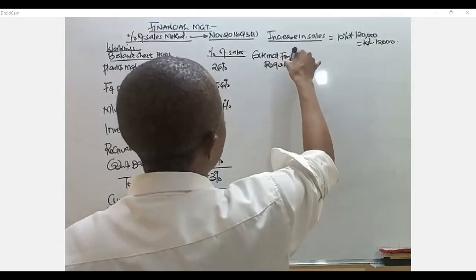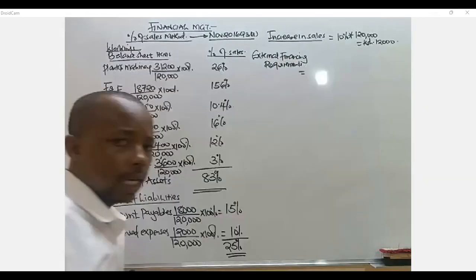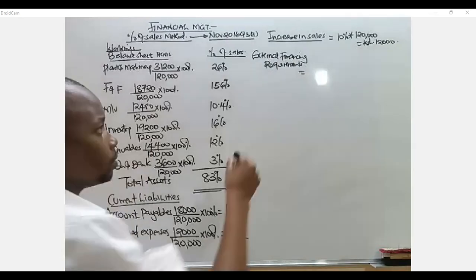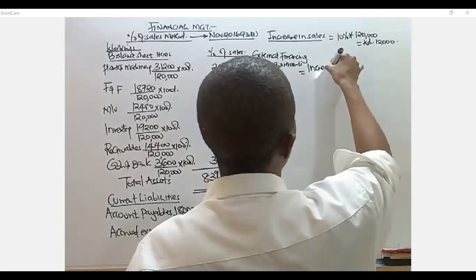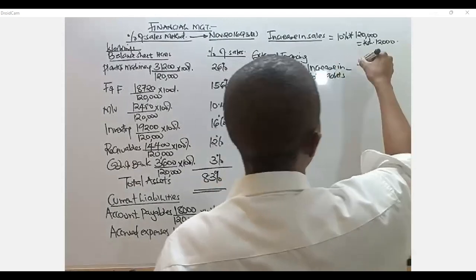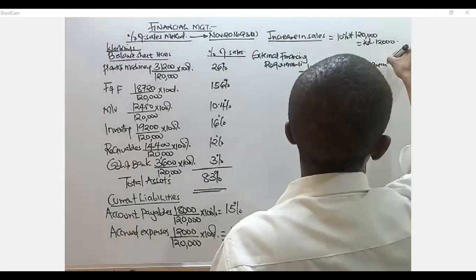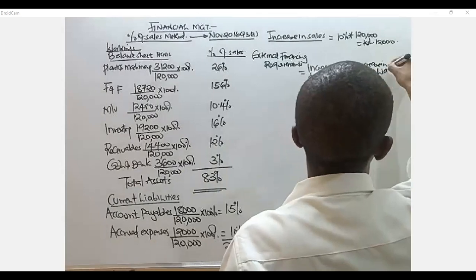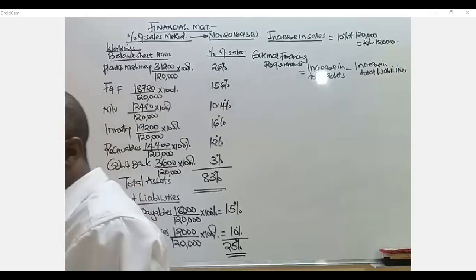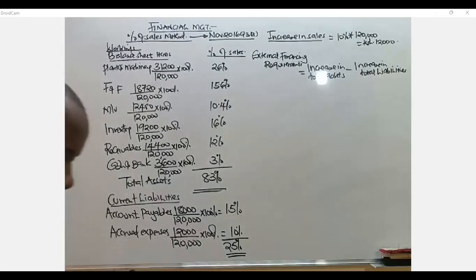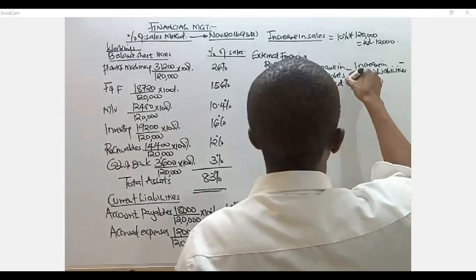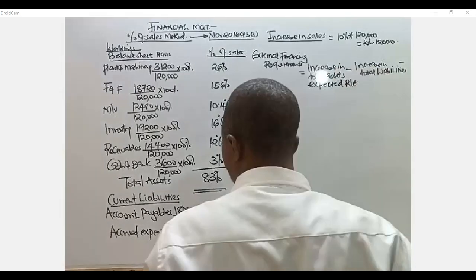We take the increase in total assets, minus the increase in total liabilities, including the expected, and we subtract our expected retained earnings.